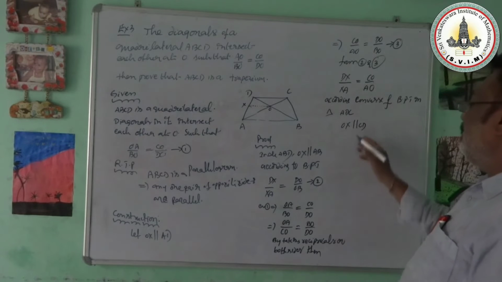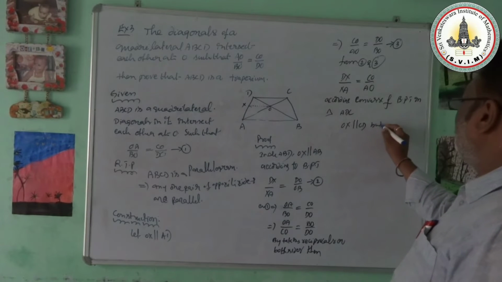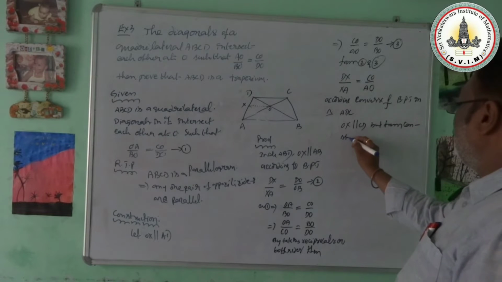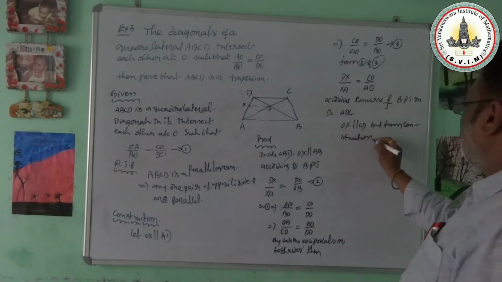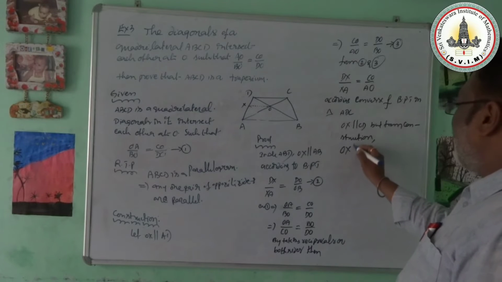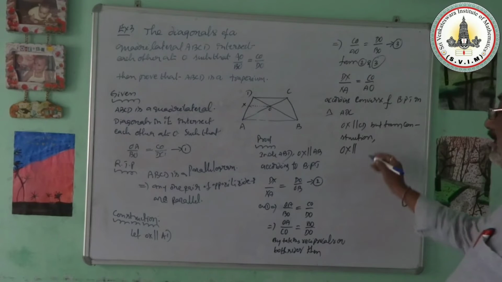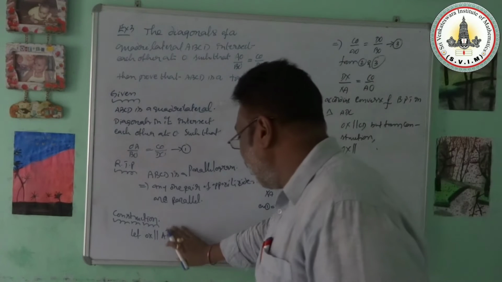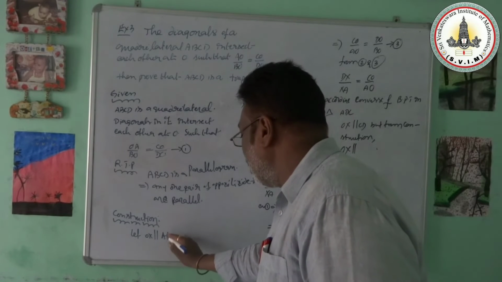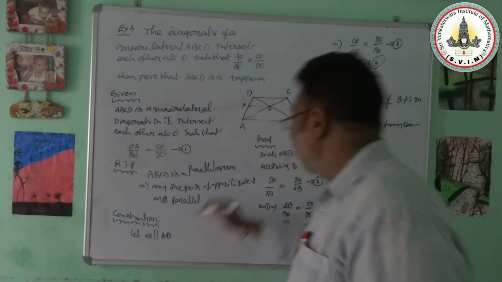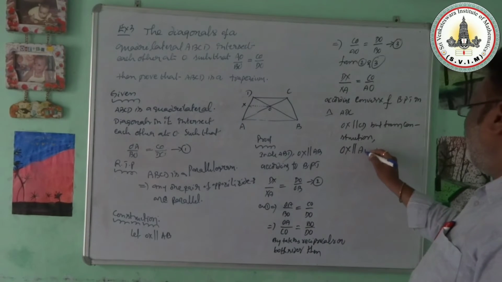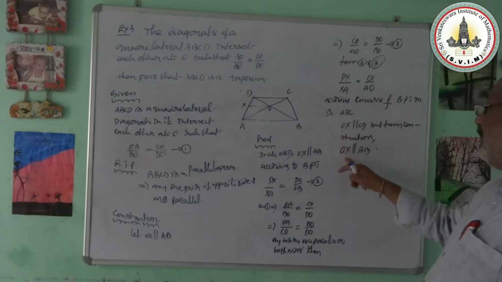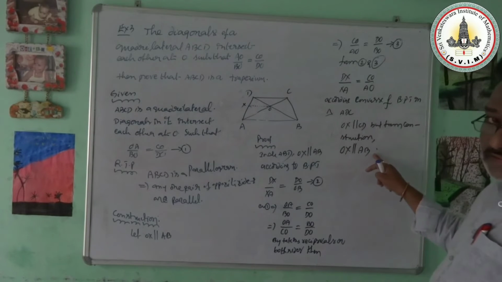Okay, but from construction, this OX is parallel to which side? This is not AD. Let OX be parallel to AB. That's all. Now listen to me. A same line segment is parallel to two sides.